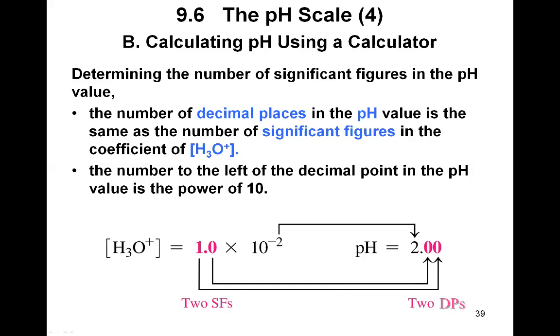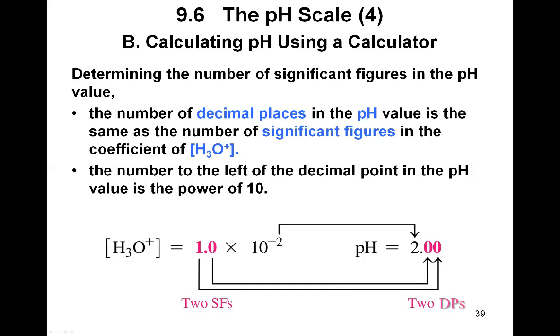In the example below, the concentration of H3O+ is 1.0 × 10^-2. If you look at the number of sig figs in that concentration, it's a 1 and a 0, 2 sig figs. This should translate into a pH with 2 decimal places.